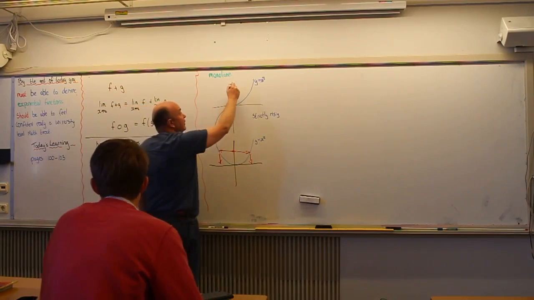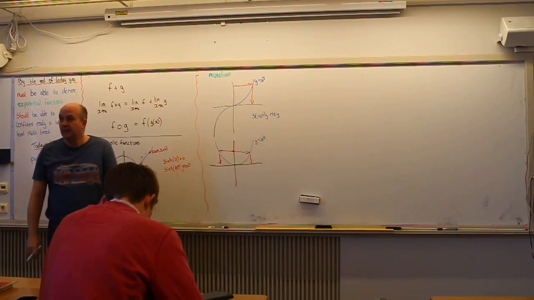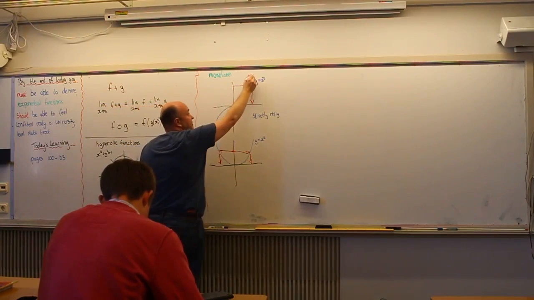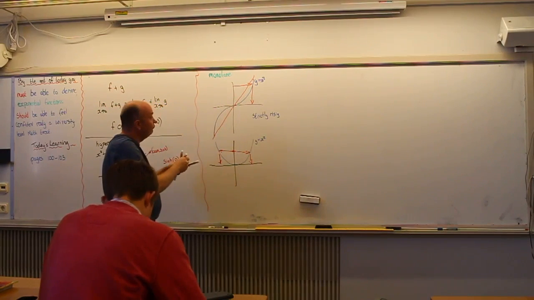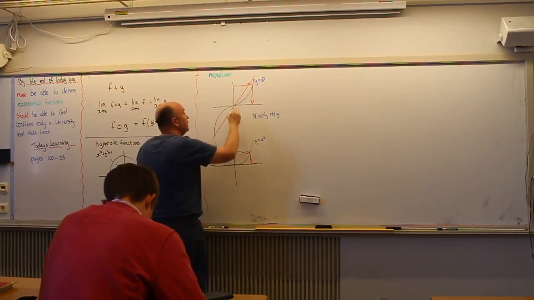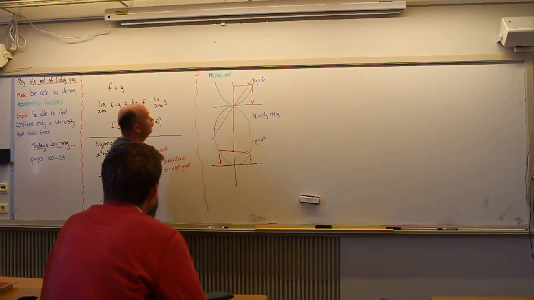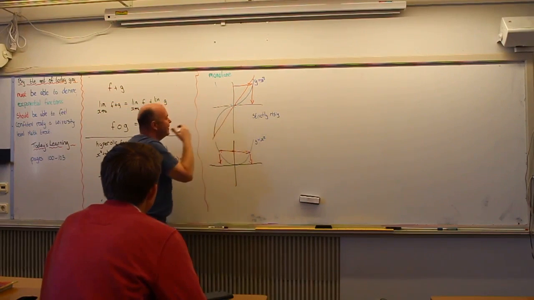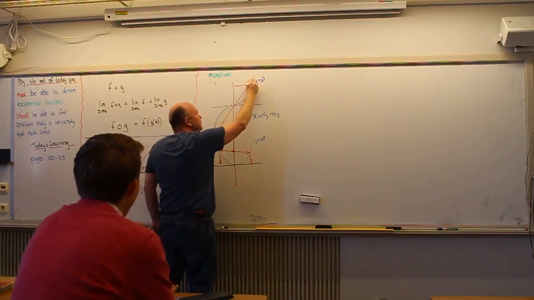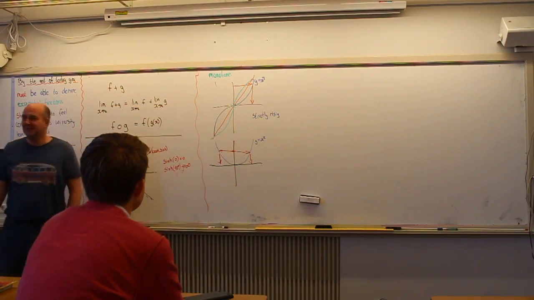Whereas if you pick any y value on this, it will lead to one x value, which makes it easy to make an inverse function. We draw a line like this, and then it's a mirror reflection through this line. So it's going to be something like this. Or maybe not that. It's a mirror reflection down that red line. Like this.